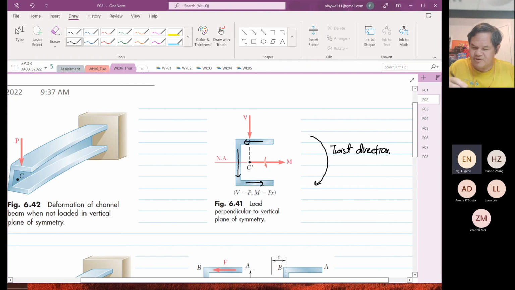Okay, so this is constructing the shear flow, and for this topic F, so I'm going to call this F, and this is the F prime.